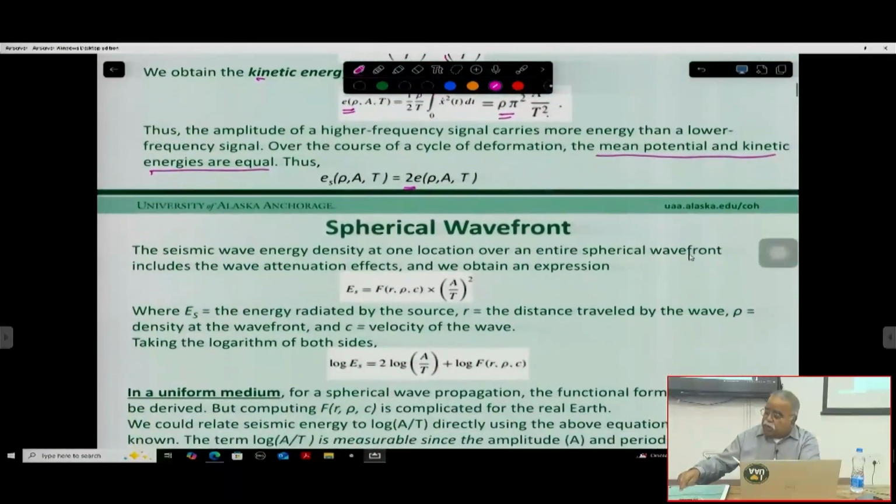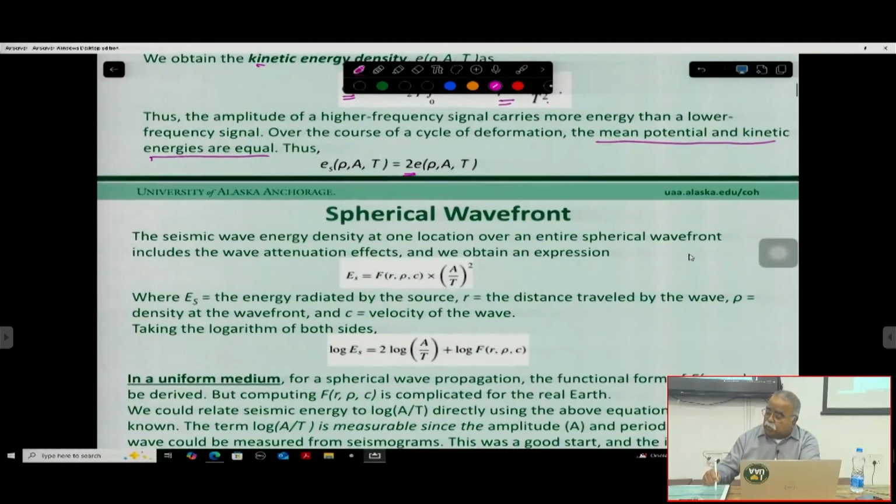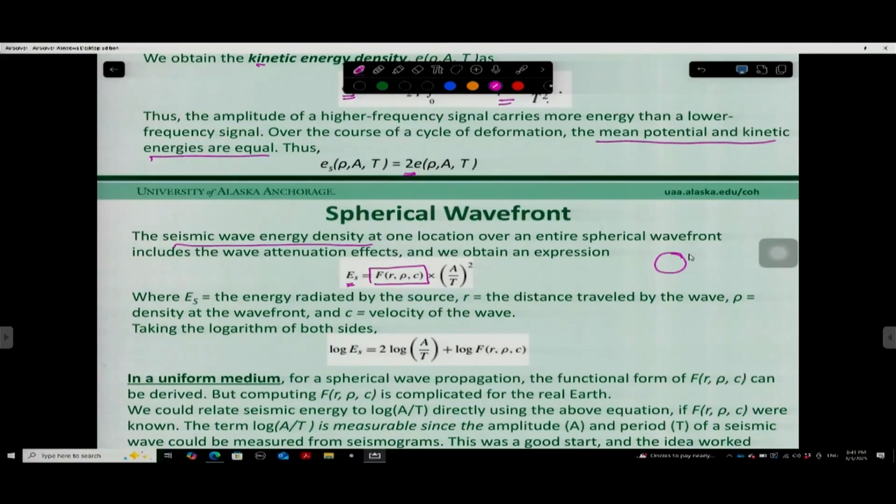If you calculate this seismic wave energy density at one location over an entire spherical wave front, then we can calculate our expression, ES, the energy, which will be equal to F times 4 pi. This is a function of distance and density, and a by T square.